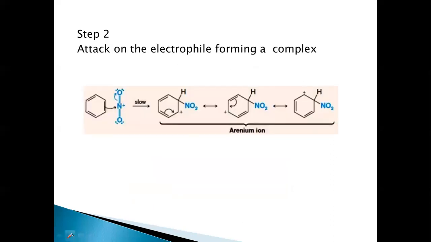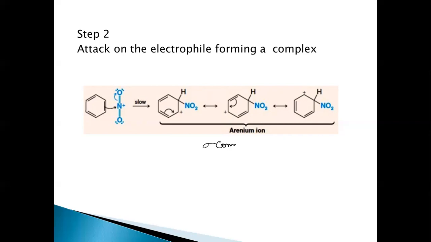In the second step, this nitronium ion gets attacked by the pi electron cloud of the benzene ring. This is electron rich, so it will attack the nitronium ion, because this is electron deficient and a strong electrophile. This first step is a slow step and the rate determining step of the reaction, resulting in the formation of a carbocation intermediate, which we call a sigma complex or arenium ion.